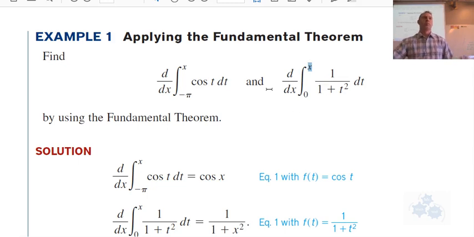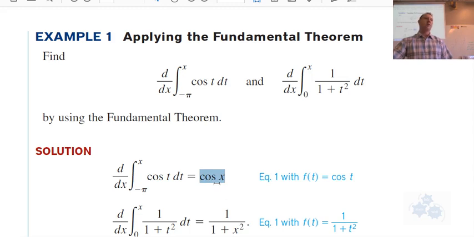Shouldn't you have to do something with the limits? No. Why does the bottom number, or the top or bottom number, not matter? Okay, why does the bottom number not matter? Because it's just any constant on the interval. Remember, the answer is cos of x.